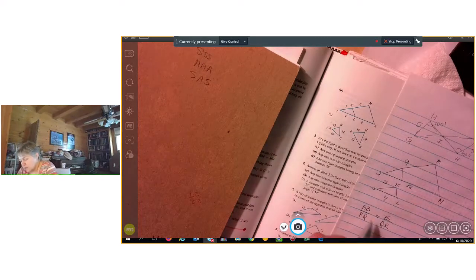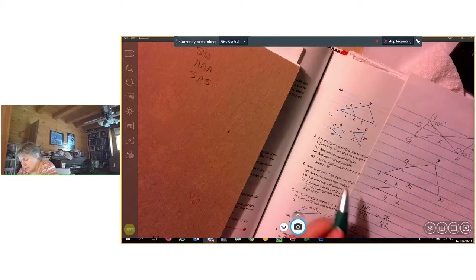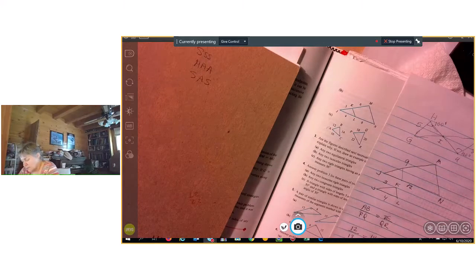AB is 12 over PQ, which is 18, and that's equal to BC, which is 14, over QR, which is 20. So when I cross multiply, I know that 12 times 2 is going to be 24, and I'm going to add a 0.